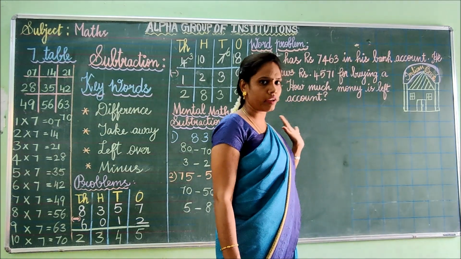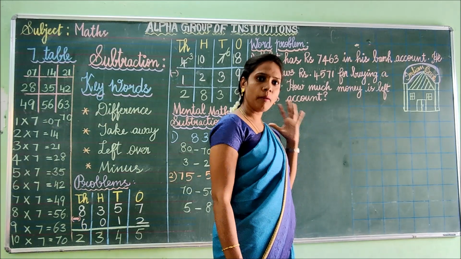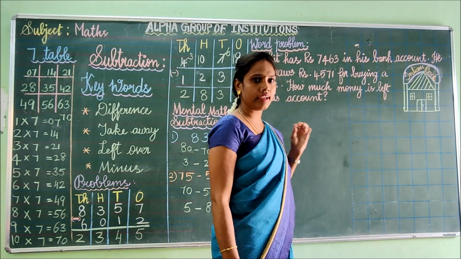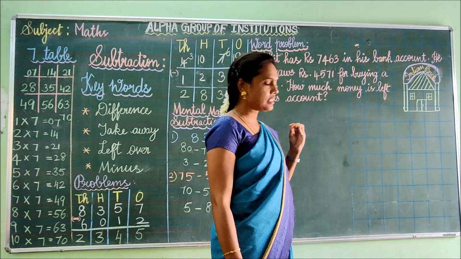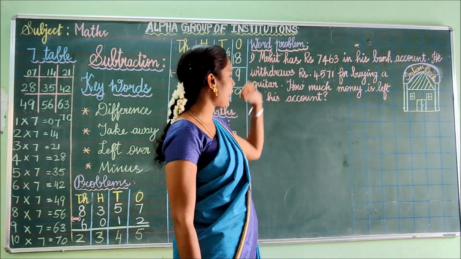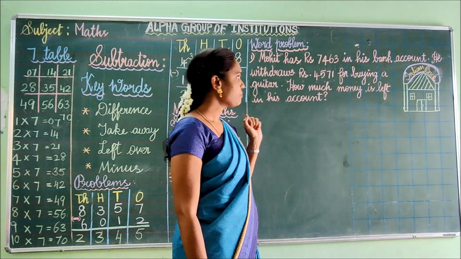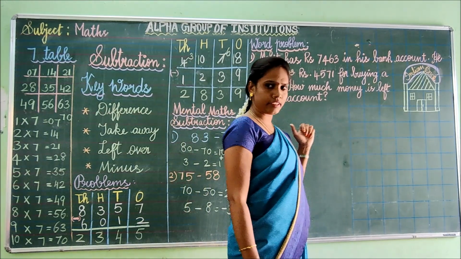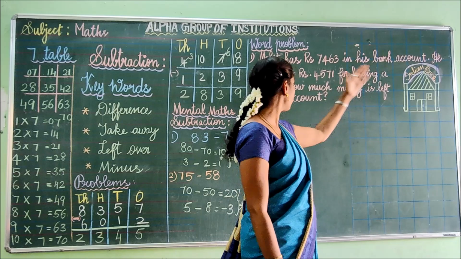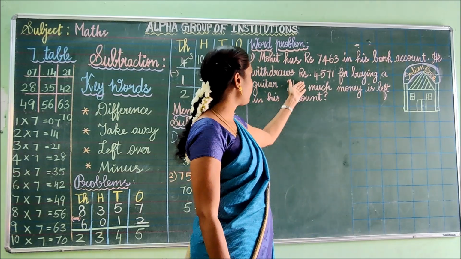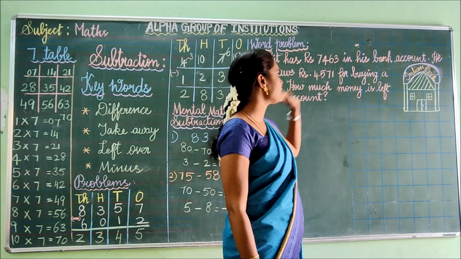You all know what a bank account is. Your parents have a bank account, right? So in that some money will be there. Like this, Mohit also has 7,463 in his bank account and he wants to buy a guitar. So how much amount is he going to take? Rupees 4,571.